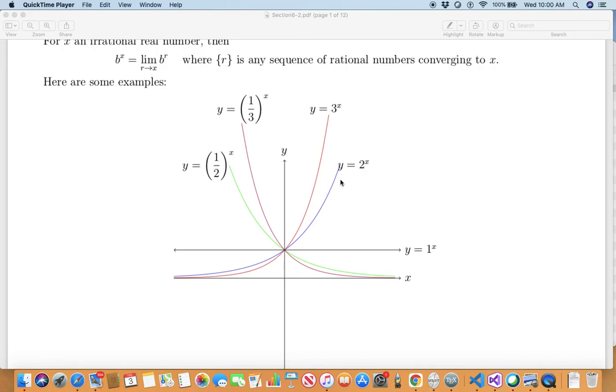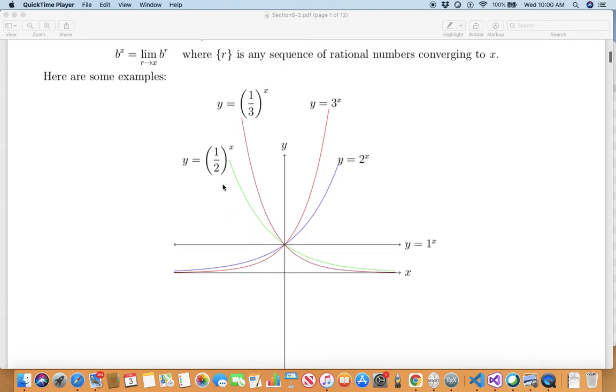Indeed, because (1/2) to the power x is nothing but 2 to the power negative x. So if I change the sign of x, I have to reflect it, and that's what has happened here. Another thing to note: when the base is higher, your exponential is steeper.